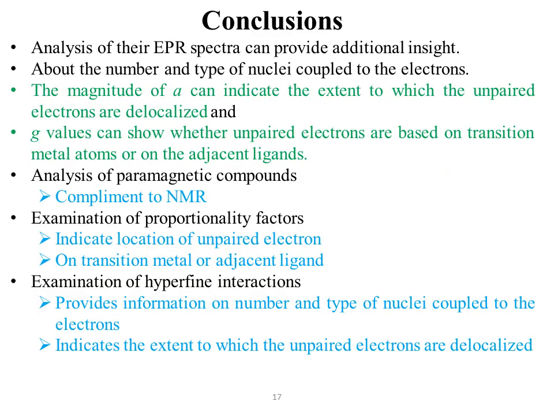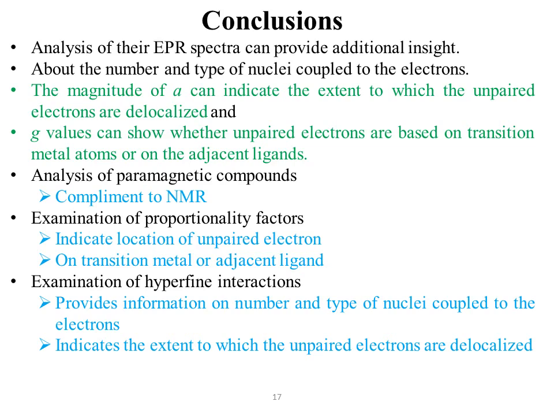Conclusion: as NMR spectroscopy does not usually provide useful spectra for paramagnetic compounds, analysis of such compounds through EPR spectra can provide additional insight. Analysis of the coupling pattern can provide information about the number and type of nuclei coupled to the electrons. The magnitude of A can indicate the extent to which the unpaired electrons are delocalized, and the g value can show whether unpaired electrons are based on the transition metal or on adjacent ligands.